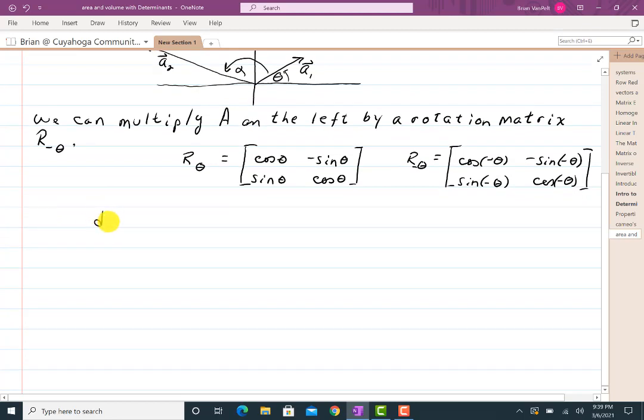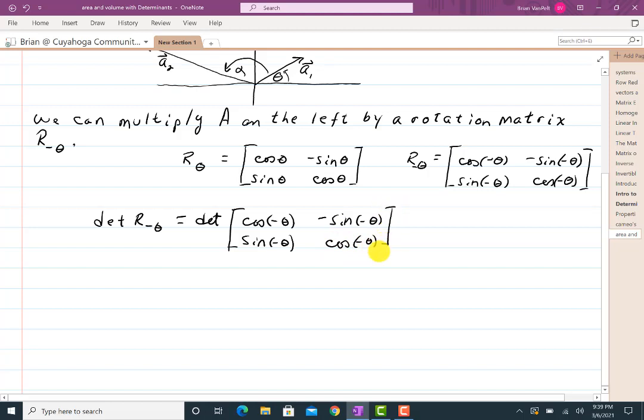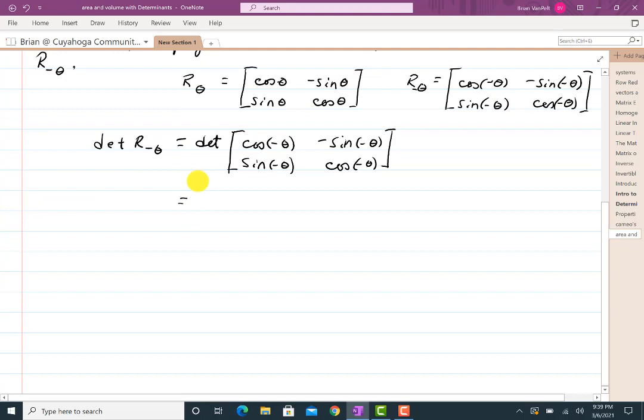Now check this out. If I look at the determinant of R negative theta, that's the determinant, of course, of the matrix that I gave. When you take the determinant of that, I get cosine squared of negative theta plus sine squared of negative theta, which equals 1.